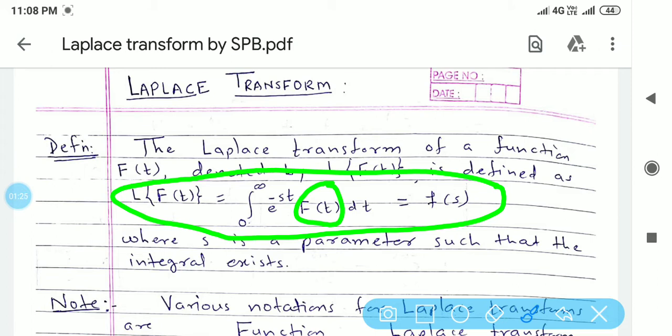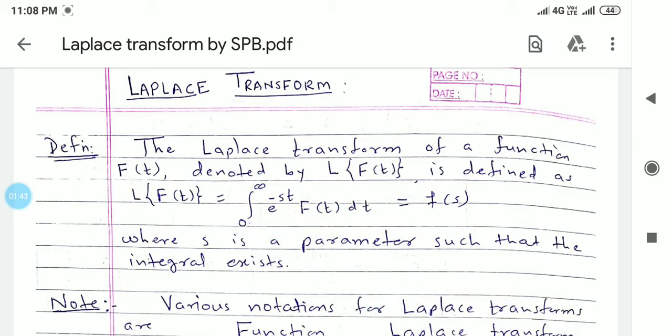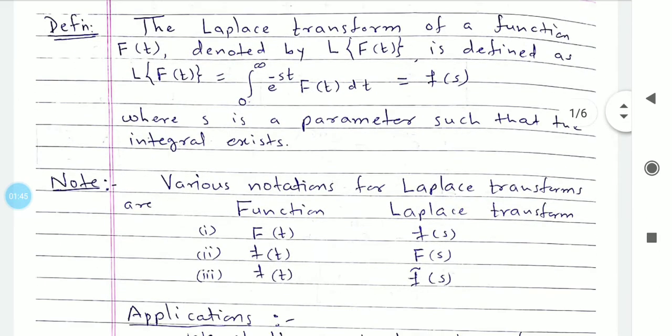Sometimes we use the notation F of s in place of L of f of t, where s is a parameter, because when you solve this integration you get your answer in terms of s. So we denote this function by F of s. In mathematics, there are several notations for Laplace transform.